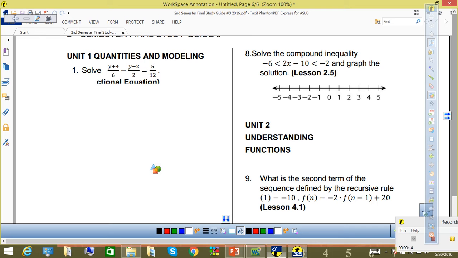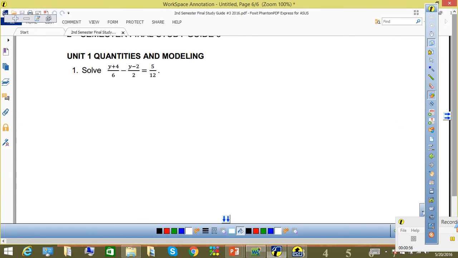Study guide number 3. The one I did collect yesterday. No, number 2 I did not collect. I collected that the very first day. Thank you. It should say number 3.